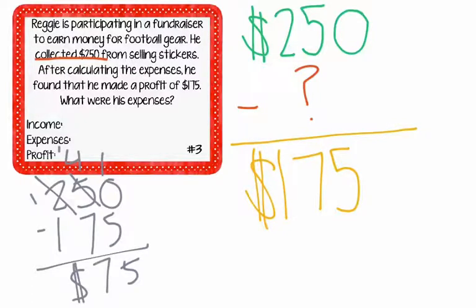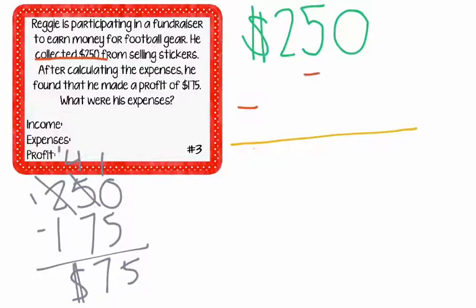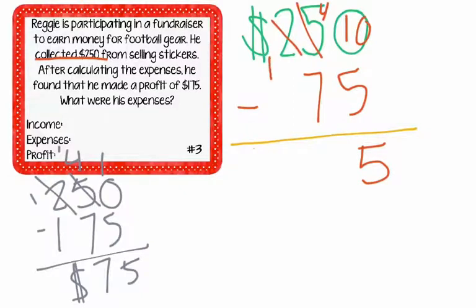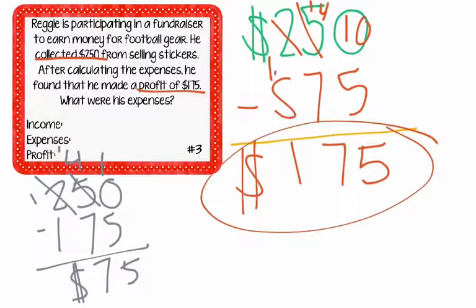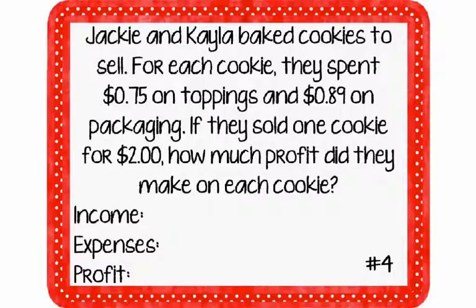So the answer would be $75. And we can always check our work to see if that's the case. So we'll plug in that 75. 14 minus 7 is 7, and then bring down the 1. So yes, that's right. It says that he made a profit of $175, so that's what we have. His expenses would have to be $75.